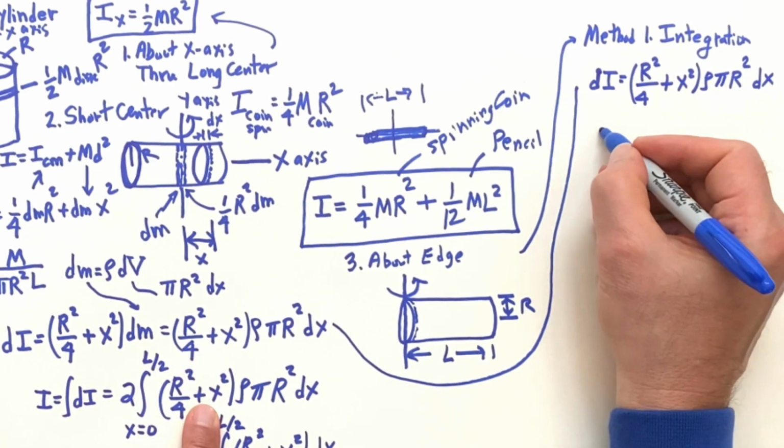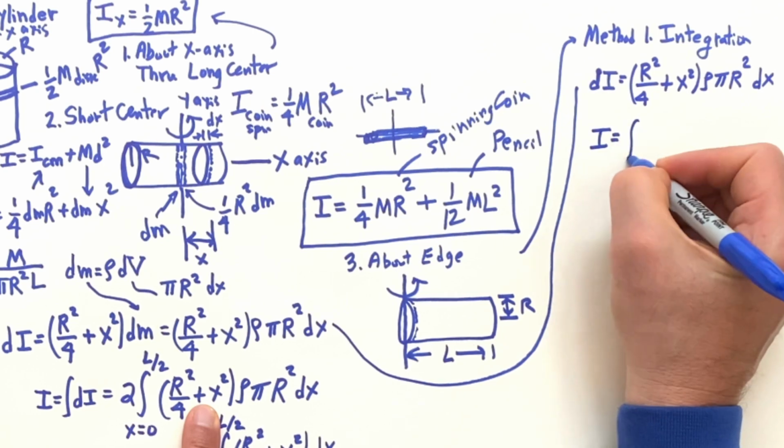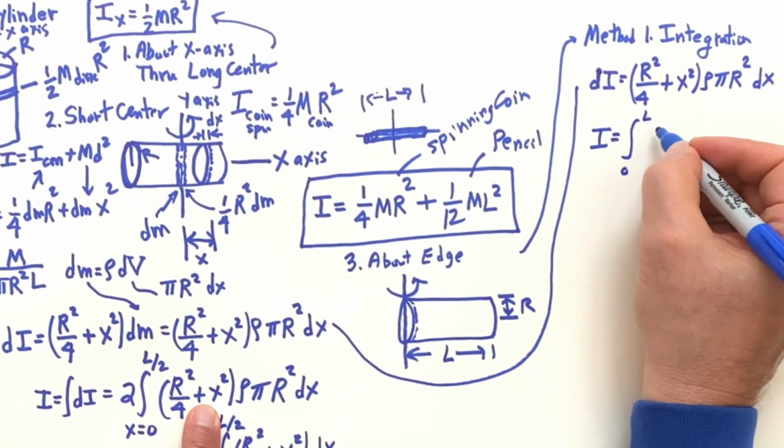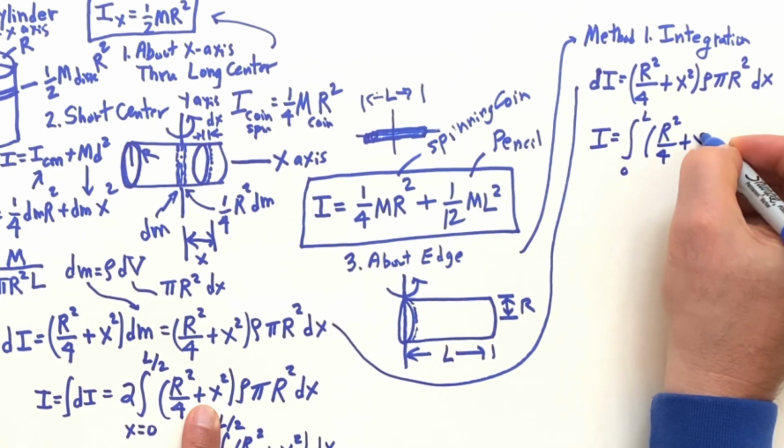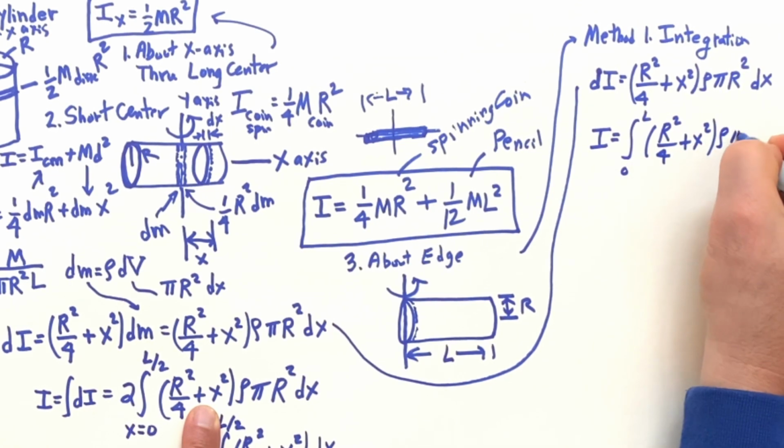And now we're going to integrate from 0 to L r squared over 4 plus x squared rho pi r squared dx.